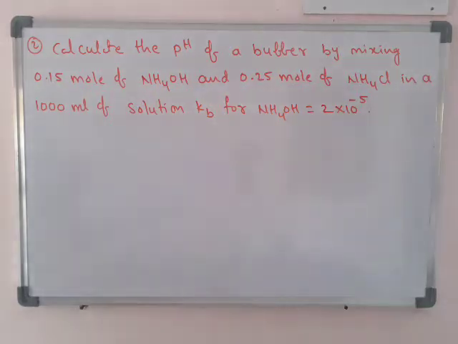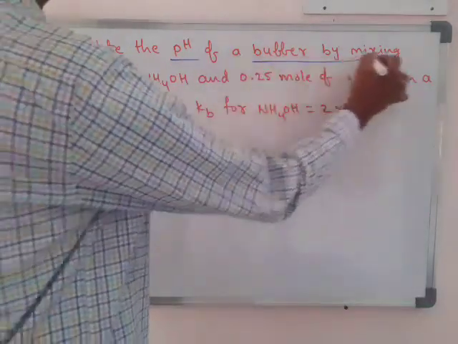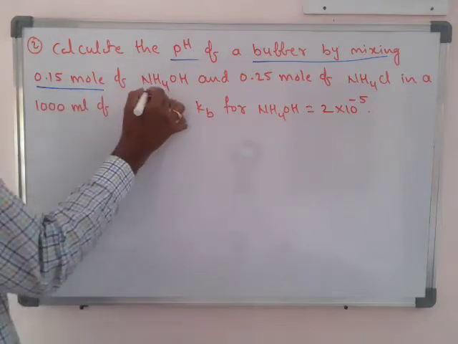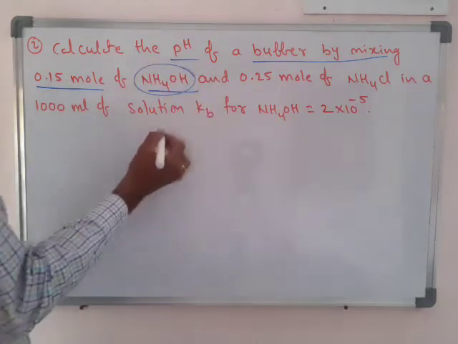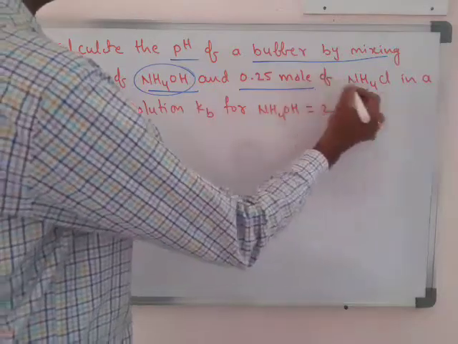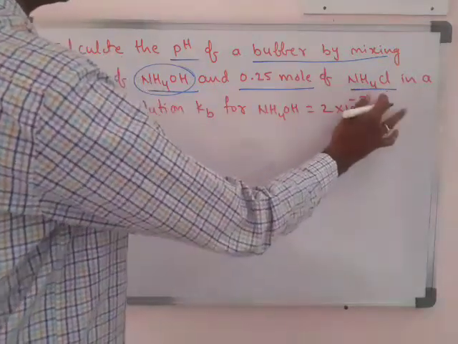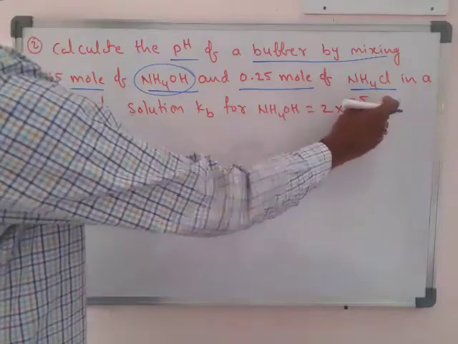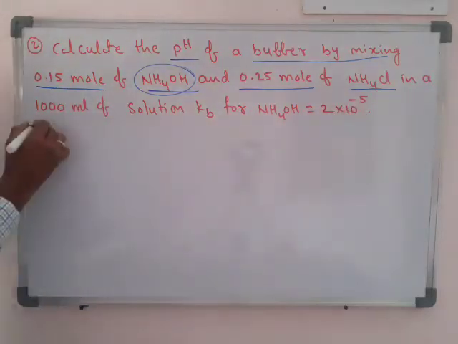So calculate the pH of a buffer formed by mixing 0.15 mole of ammonium hydroxide, it is a weak base, and 0.25 mole of ammonium chloride. So this is the salt formed by this weak base with a strong acid, means it is a weak basic buffer.